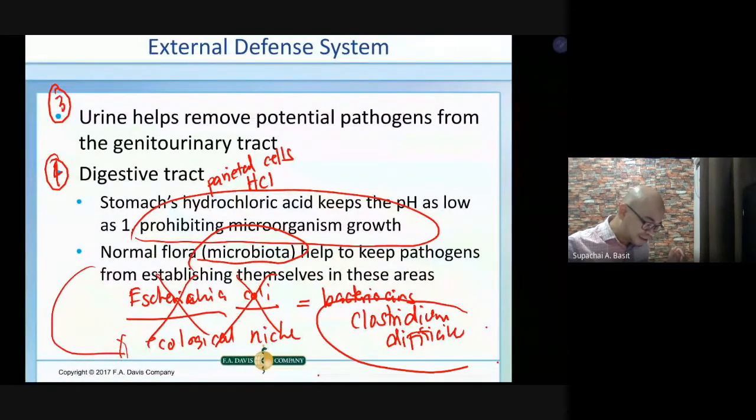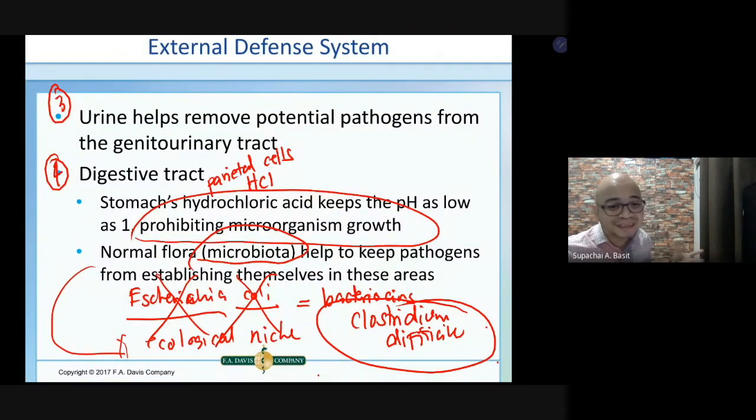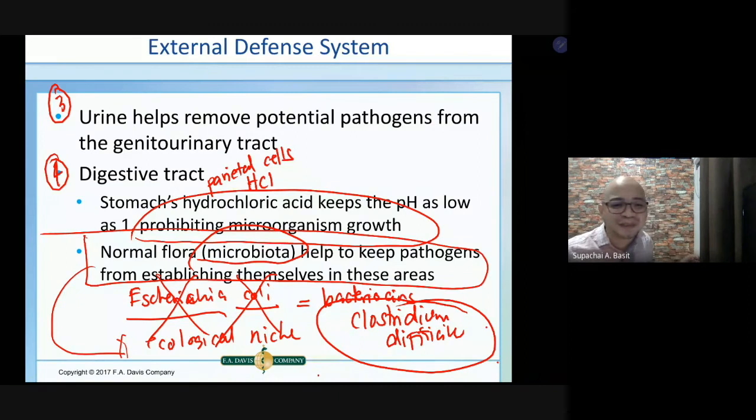And once they are destroyed, Clostridium difficile will propagate in your intestine, and that will result in colitis. So it's very important, no? Normal flora are very important. So do not overdose yourselves with antibiotics. Do not take antibiotics when it is not necessary.